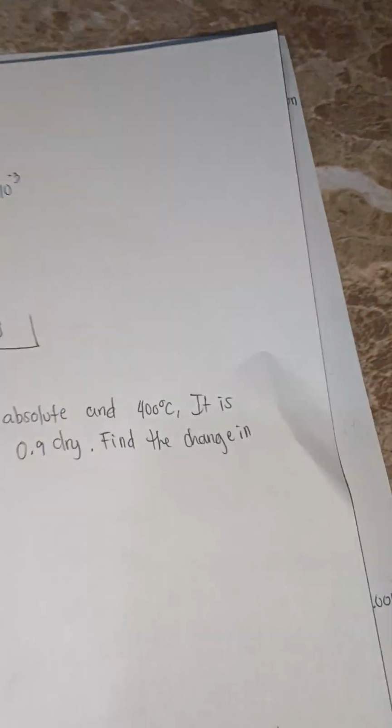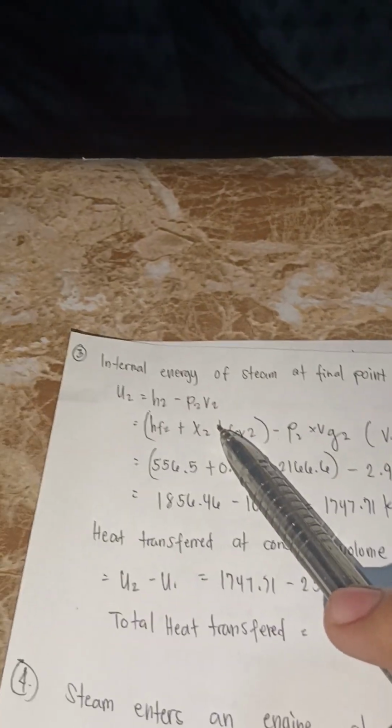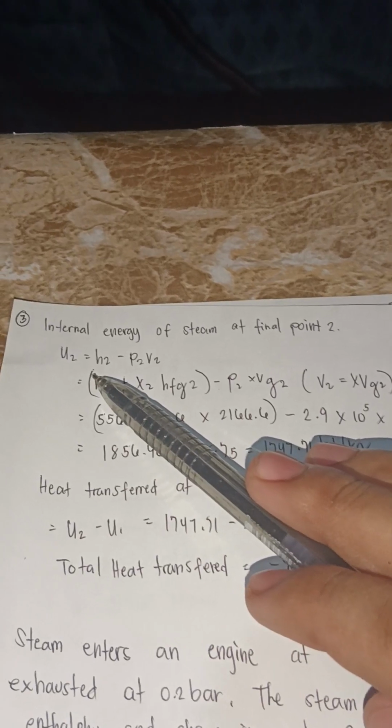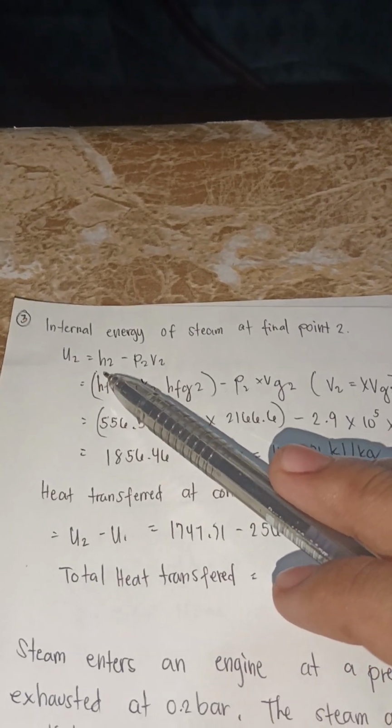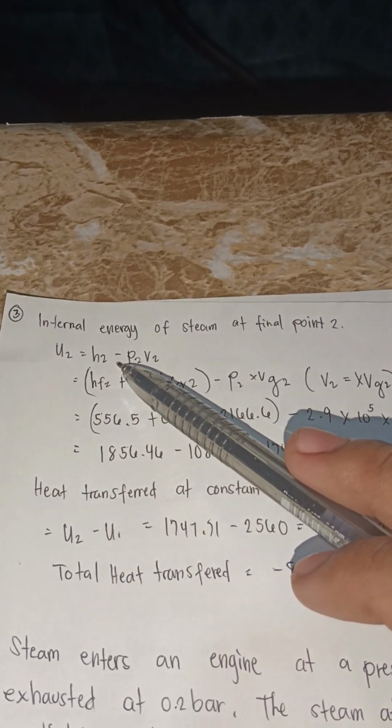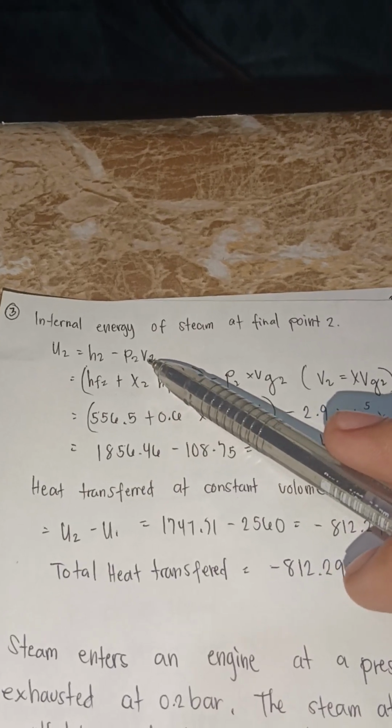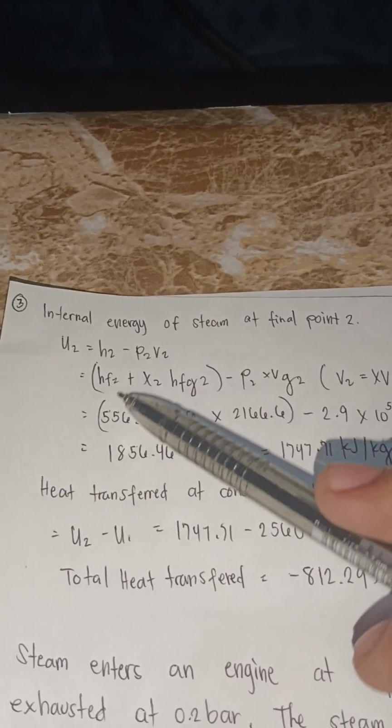So solving for the internal energy at the final point. Internal energy u sub 2 is equal to h sub 2 minus P sub 2 times v sub 2.